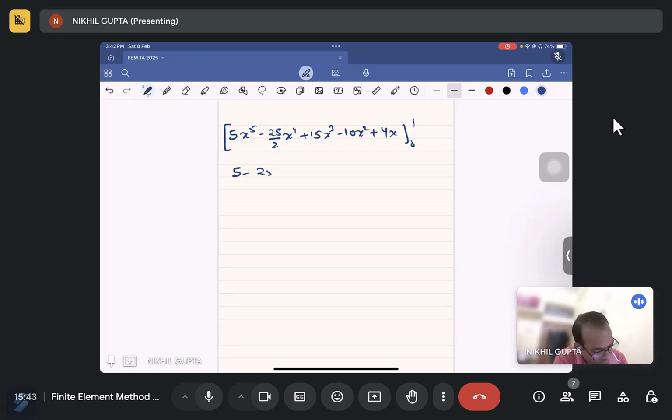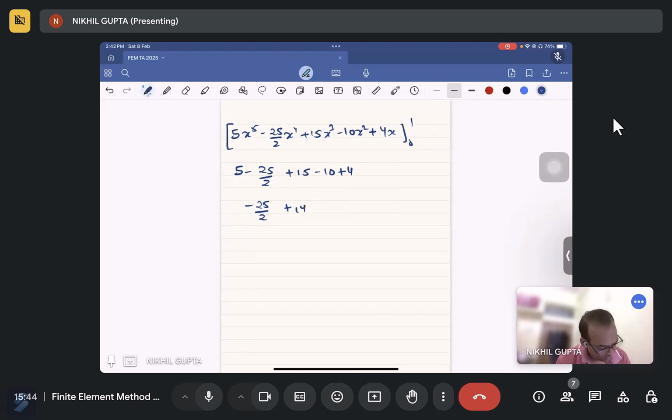So 5 minus 25 by 2 plus 15 minus 10 plus 4. You solve it, and you get plus 3 by 2.